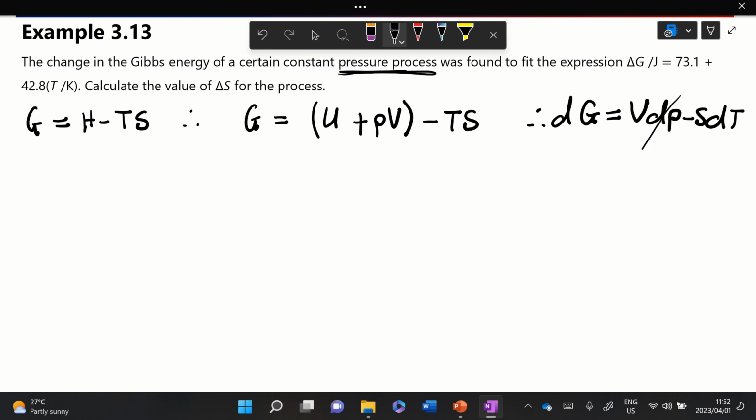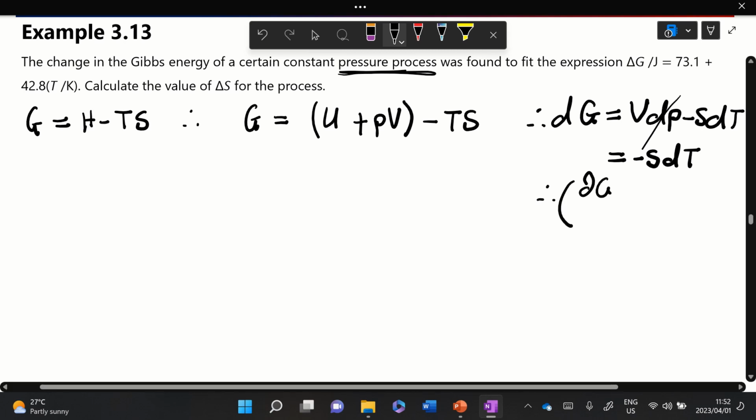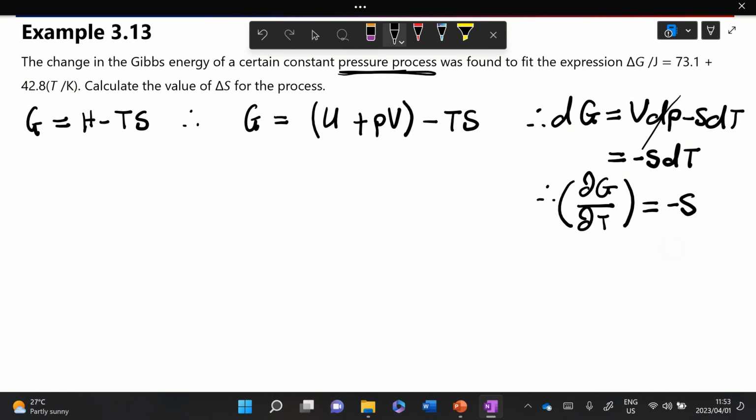So we're dealing just with minus S dT. This is equal to minus S dT. So if we divide, then dG over dT is equal to minus S. Right. So that's a very long way to get there.